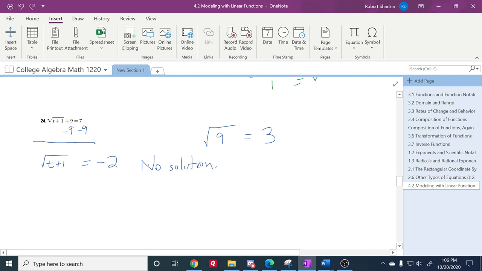As soon as you isolate the square root and it's equal to a negative value, you can stop right there and be done. No solution. Like one of the practice quiz problems we did today.